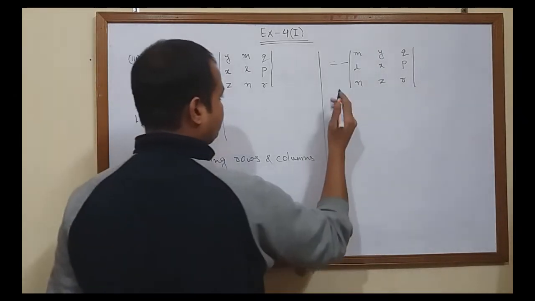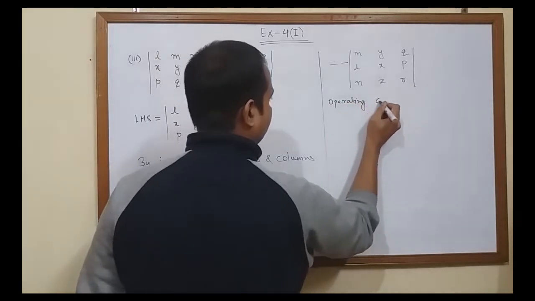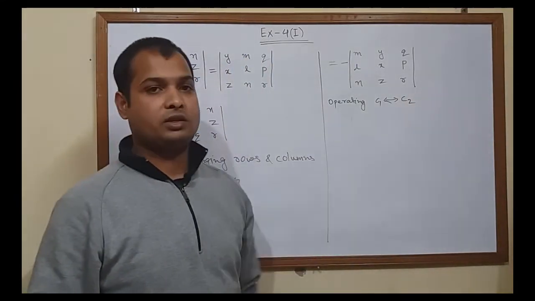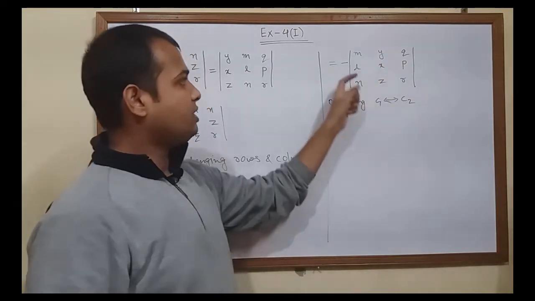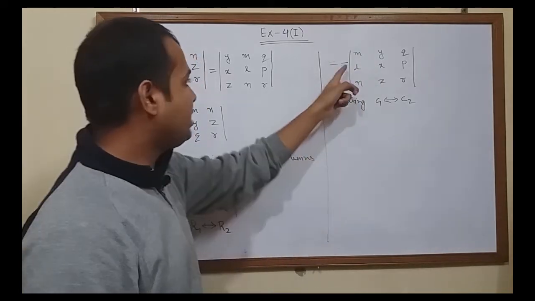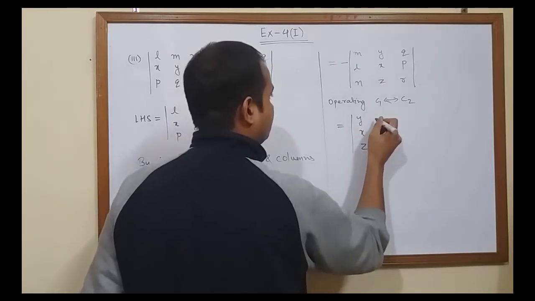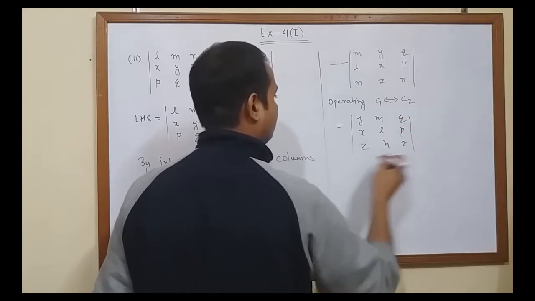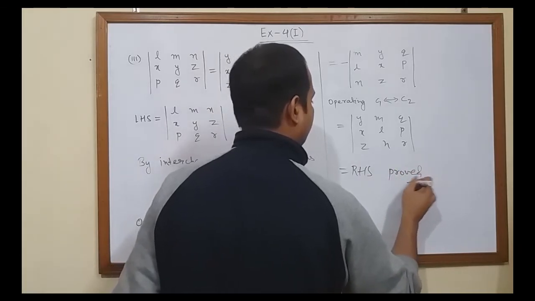So operating C1 interchanges with C2, but again two adjacent columns are being interchanged. So whatever sign you have from before, you have to multiply with minus. So this will become plus. So you are getting Y X Z, M L N, Q P R, which is your RHS. Proved.